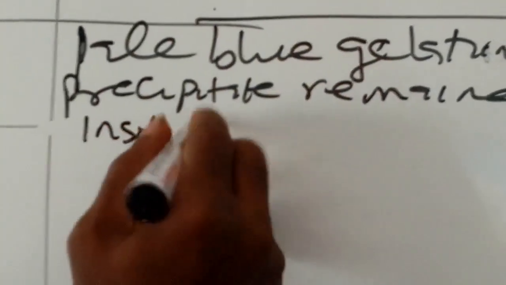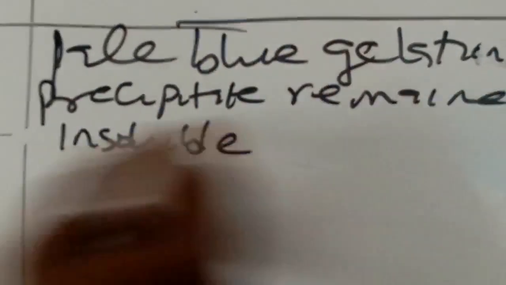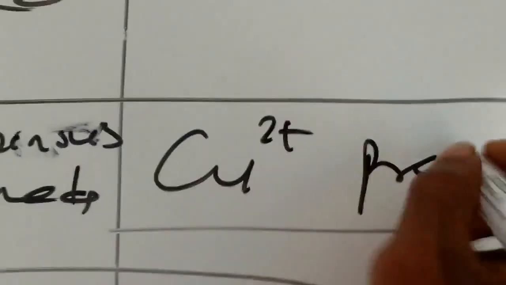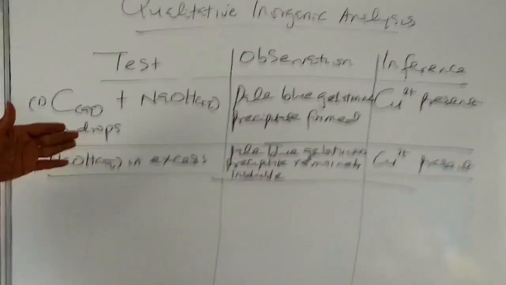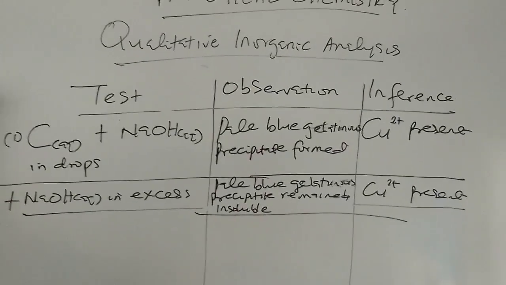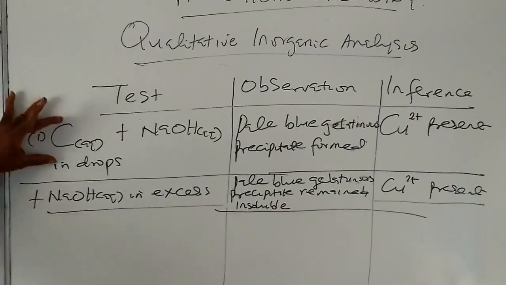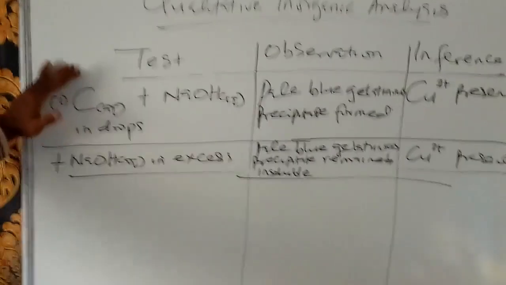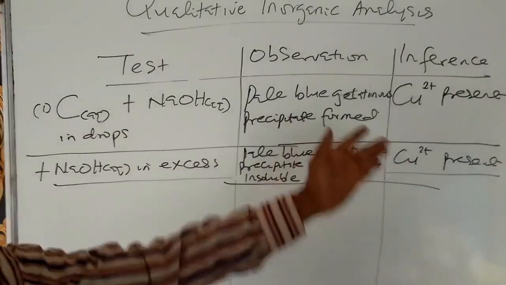So having done that, our inference will also be copper 2 ion present. So this is how we identify copper in a salt. We'll have this kind of result to say that copper is present in the salt or suspected in that salt. So that unknown salt C contains the cation copper based on the test with sodium hydroxide.